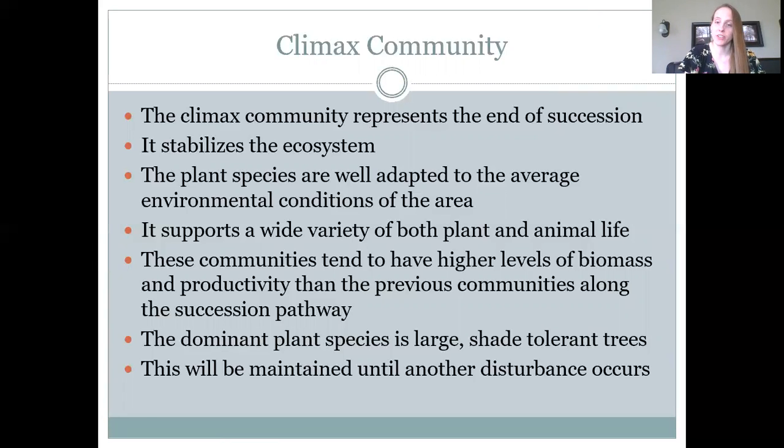So there's lots of energy, which is the productivity, and lots of biomass or weight in our climax community. They also tend to be fairly shade tolerant because they have to be able to handle, as they're growing, being in the shade of larger, more mature trees.